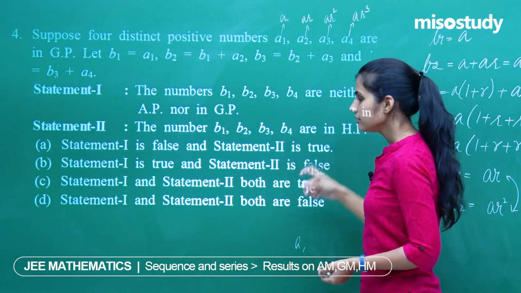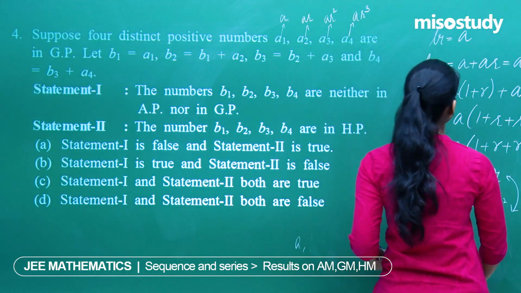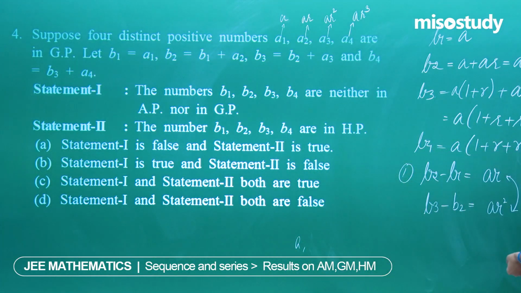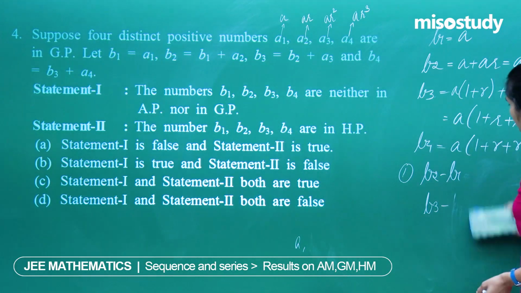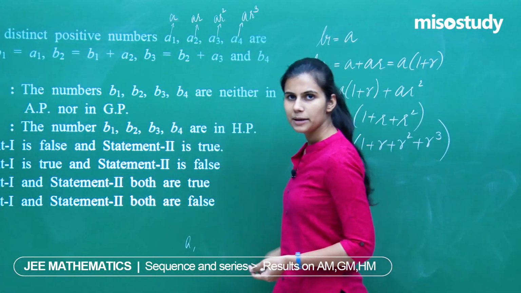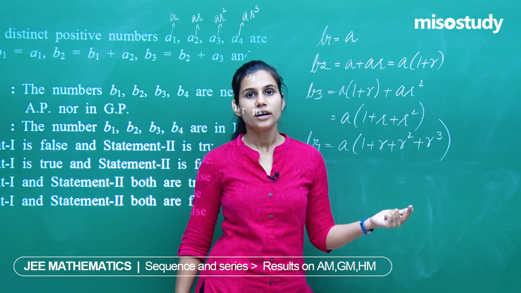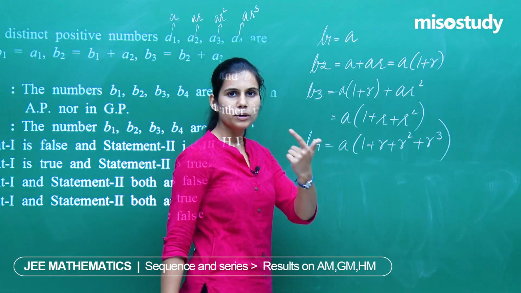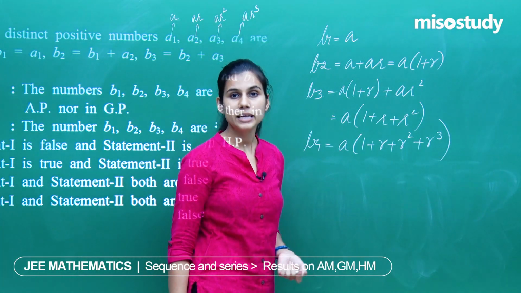Are they in HP or not? So for HP, what do you check basically? That the reciprocals should be in AP. So B1, B2, B3, B4 are in HP or not? That means 1 by B1, 1 by B2, 1 by B3, 1 by B4 are in AP or not?